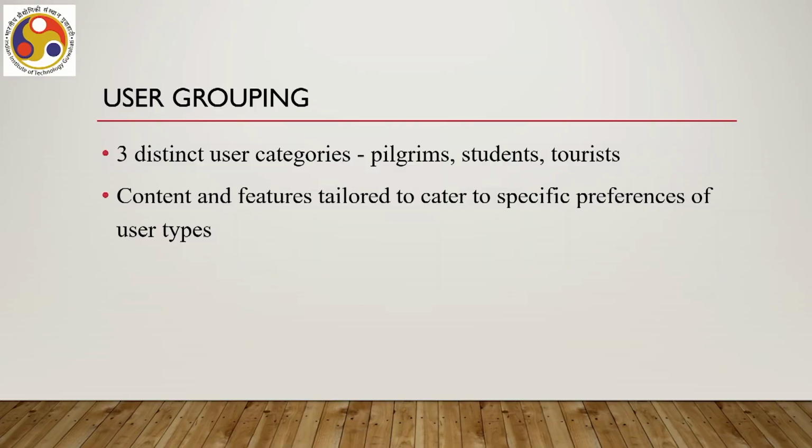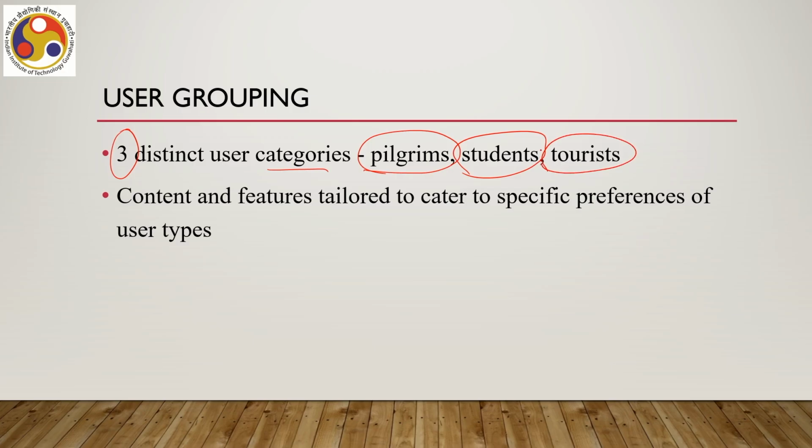So, let us first talk about the user experience design. We have identified the first stage in experience design is to identify the users, who are the users, accordingly we can design the experience. So, we have identified 3 distinct user categories, namely pilgrims, students and tourists.